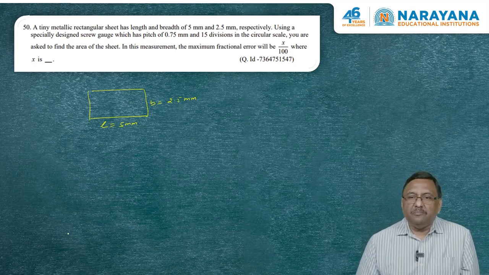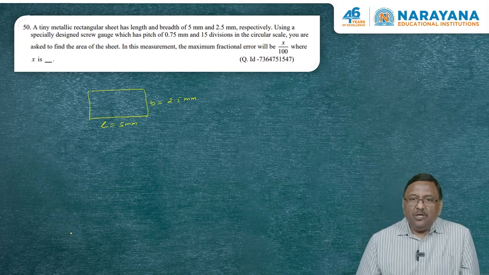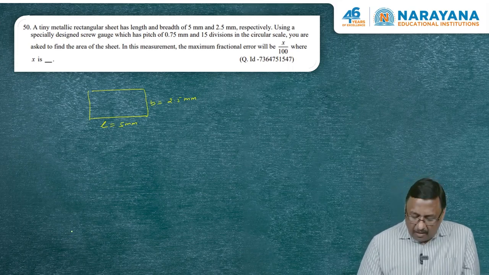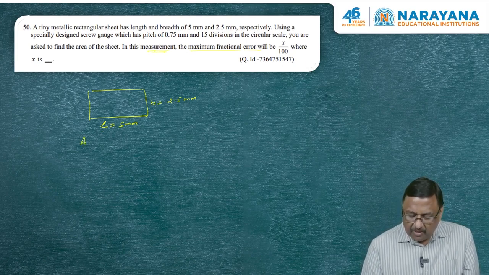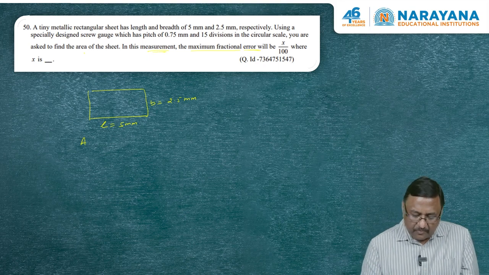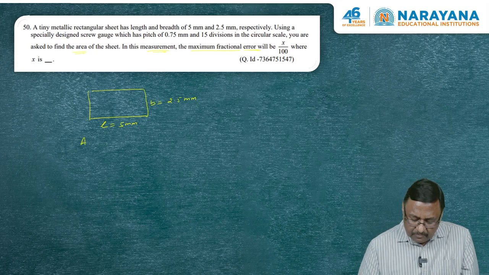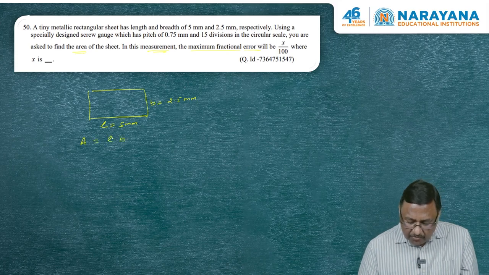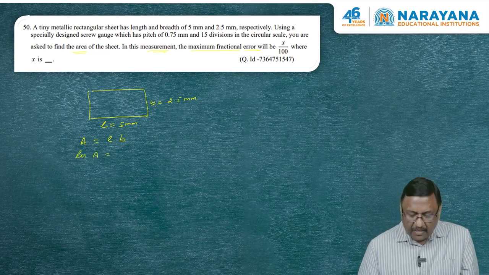In this measurement, the maximum fractional error. So it is an error based question. He's asking what is my fractional error in the measurement of area. Area is nothing but L into B. If I want the fractional error in A, the methodology is that I take the log on either side.